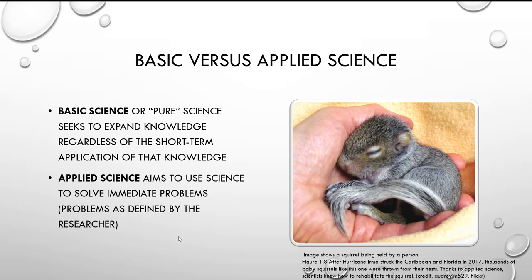We had this horrible virus that was killing people left and right, making people horribly sick. The ER and hospitals were just overrun, and it was a horrible time in everybody's life, and so we needed a vaccination as quickly as possible. That was an example of applied science, using science to solve an immediate problem.